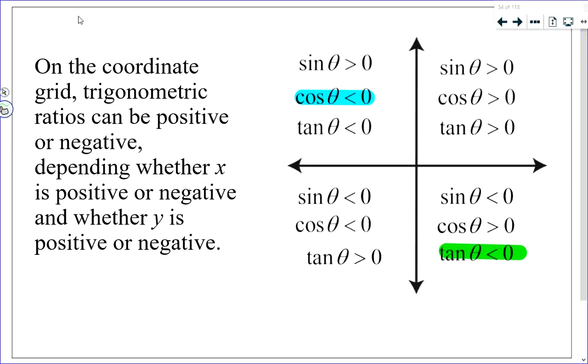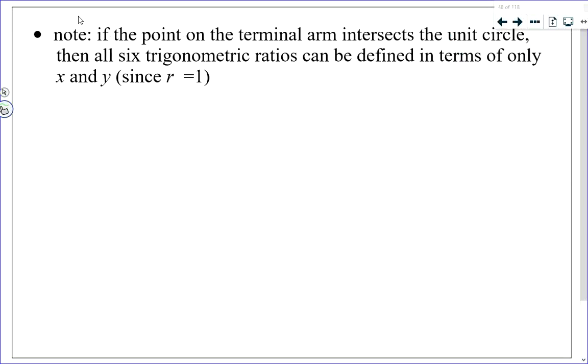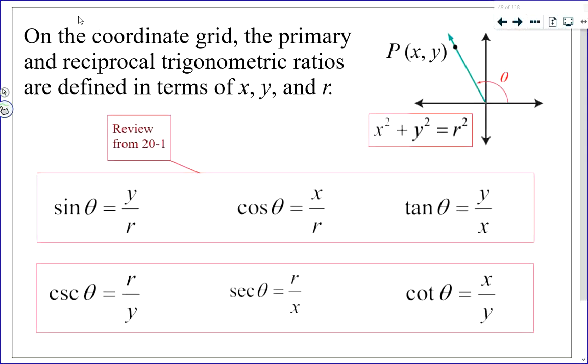Now, this is very important when you're finding x, y, and r, because if I go back over here to this basic idea of all of these trig ratios being defined by x, y, and r, invariably you're going to have problems where you have to find a missing parameter. Maybe you know x and y and have to find r. Maybe you know x and r and have to find y. And that means, I'll pick on finding y, that if you're using this highlighted equation to find y, you're going to have to take the square root at some point.